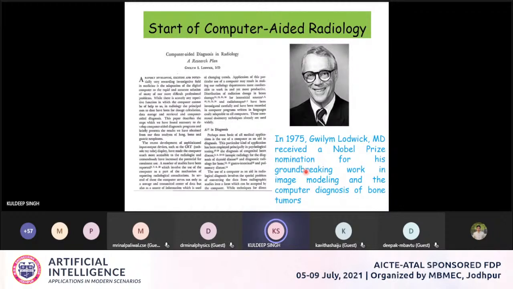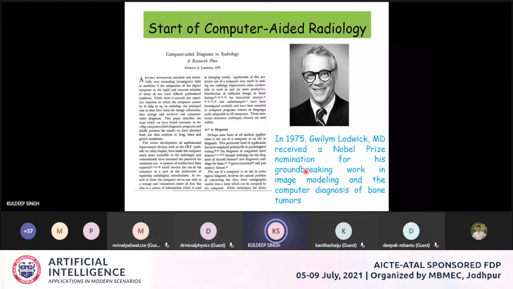these medical modalities can be transformed into the digital domain, and once they are in the digital domain, they can be read by computers, and we can implement some intelligent algorithms on those digital images.